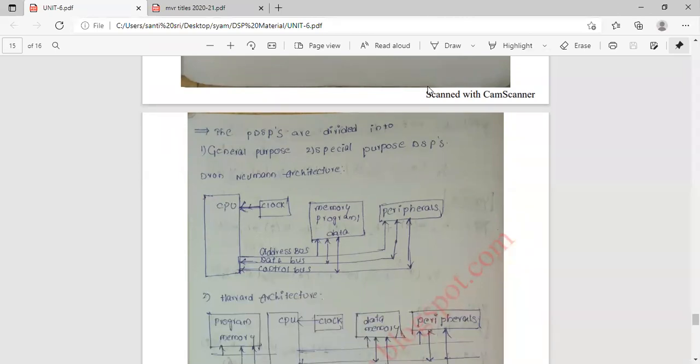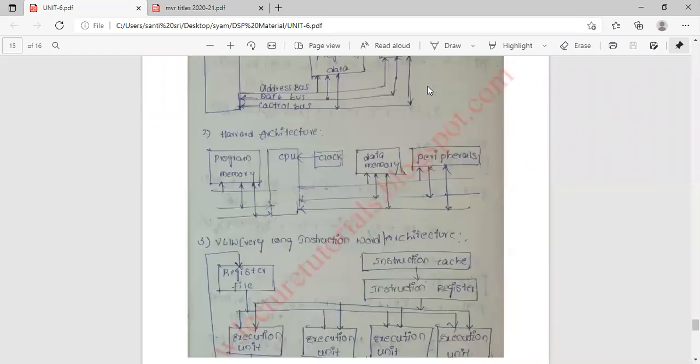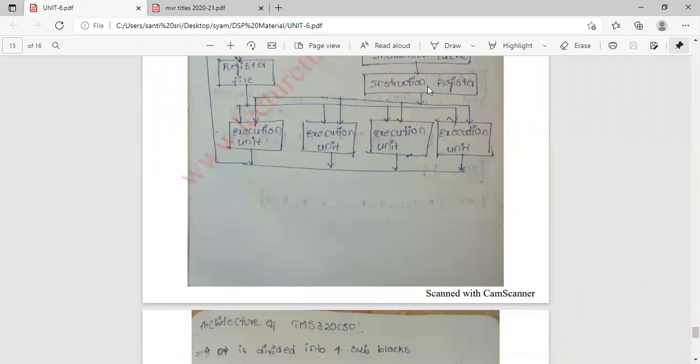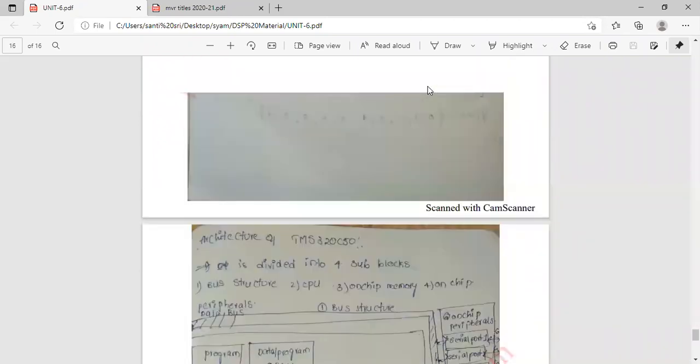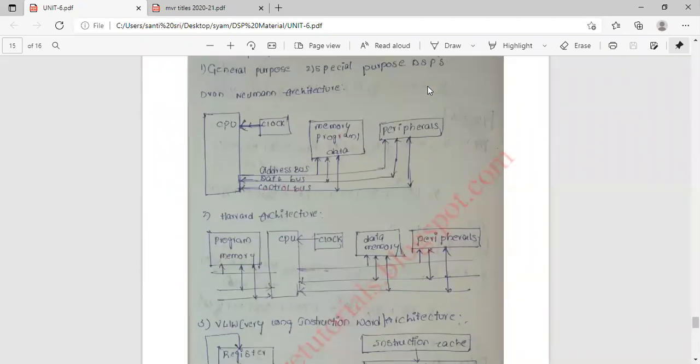Next, we'll go for programmable digital signal processors, which are divided into general purpose and special purpose DSPs. Okay, general purpose DSP and special purpose DSP. Here we already discussed these architectures.